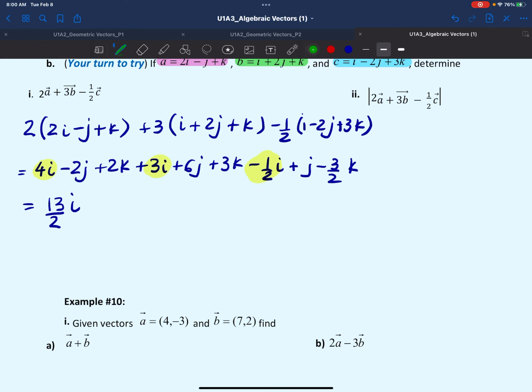So for j's, we have negative 2j plus 6j plus 1j, so 7 minus 2, that's 5j's. And 2k plus 3k minus 3 over 2k, that would equal 2 plus 3, 5, minus 1.5, 3.5, which is 7 over 2k. So again, don't forget the vector symbol everywhere, and this is going to be quite some work now.